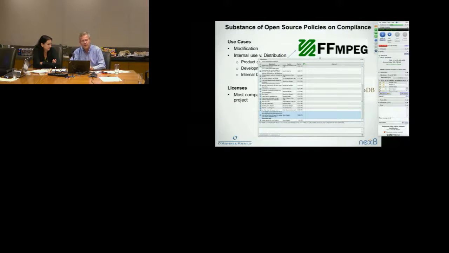The converse is interesting: you may have in your distributed product code that exists nowhere in your development environment. That is, if you scan your source code, you will not find anything. But when you look at the binaries, the code is there.